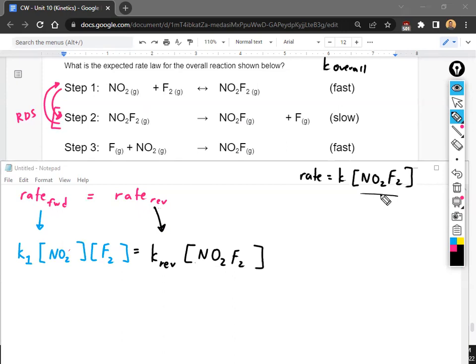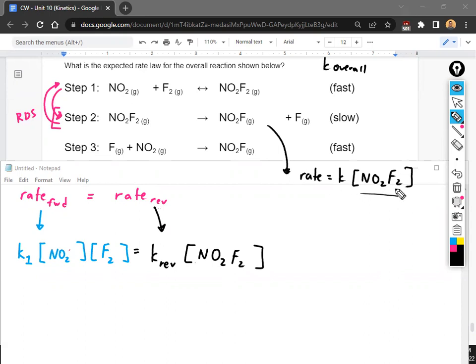No, it's not equal to that. I guess you could say the reverse of the third step is equal to the second step. Basically, we're just trying to solve for the concentration of NO2F2 by using this relationship. The rate forward is equal to the rate reverse. That way we can just plug it in here, because we know already that this is the slowest step.